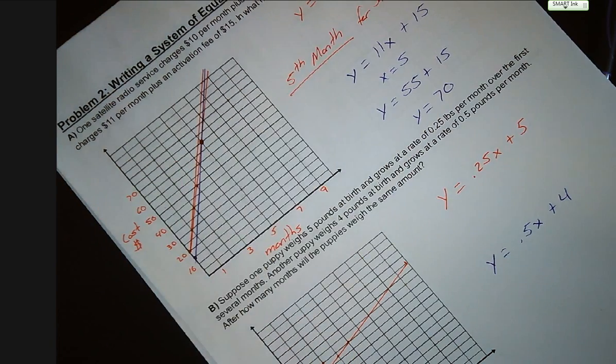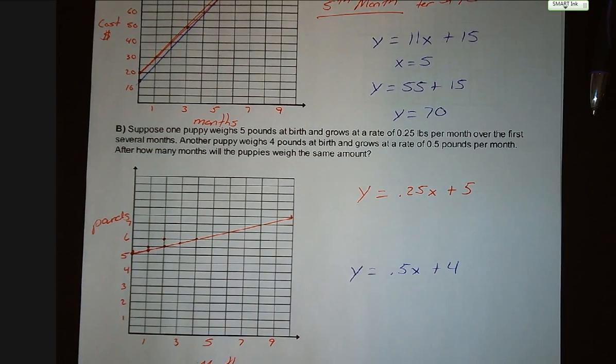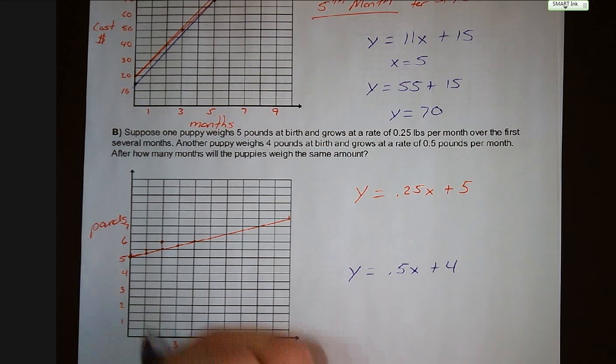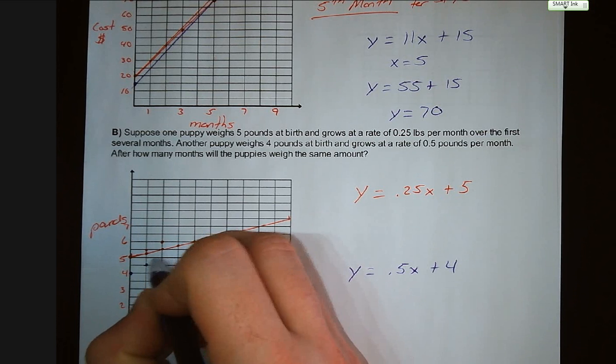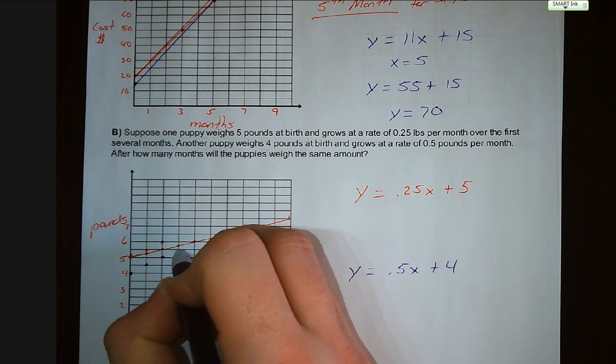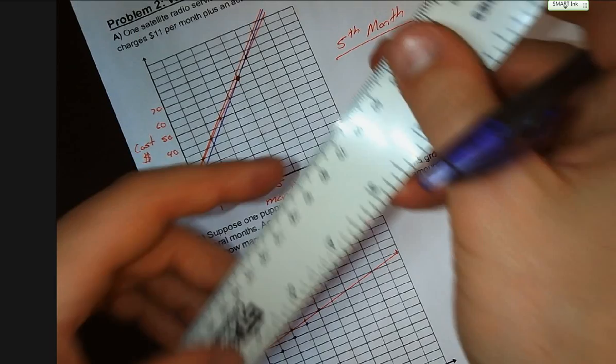Okay. So now our second line, we need to start at a y-intercept of 4. And now we're going up by half a pound per month, so we're going to go up 1 line each month. And it looks like we have an intersection point there, which is good because that is our goal.